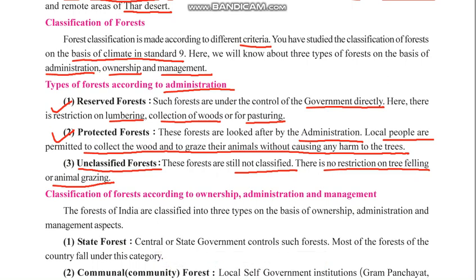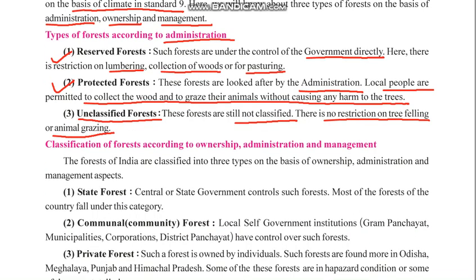They are unclassified because they are very dense forests, and at the same time it is very hard to reach and approach these forests. So reserve forest, protected forest and unclassified forest come under the administrative category.